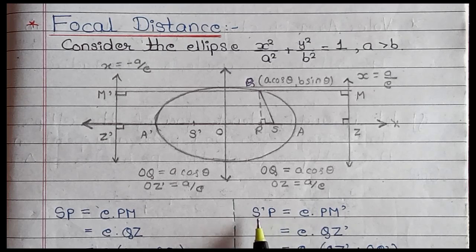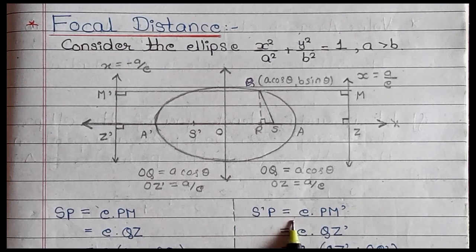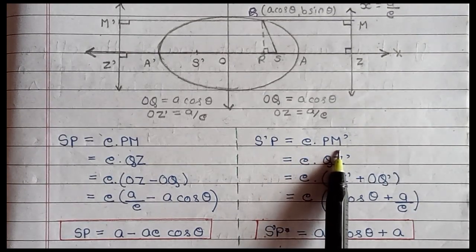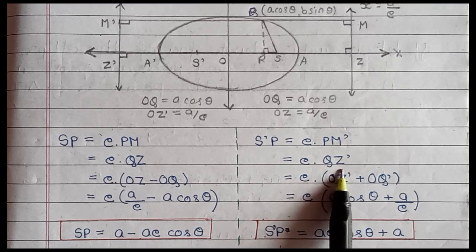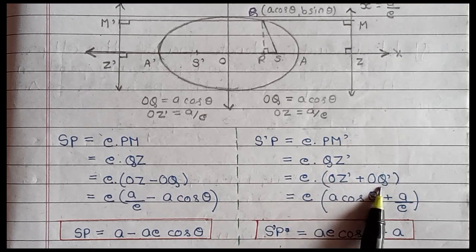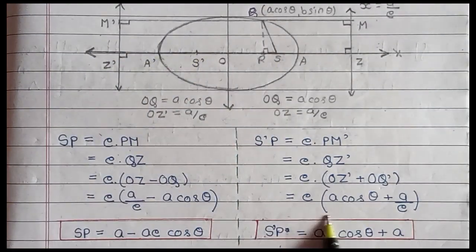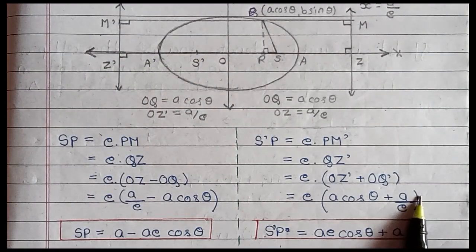And here it will be a negative sign. In case of S dash P, e into PM dash will be e into QZ dash, which will be OZ dash plus OQ, which will be a cos theta plus a by e.